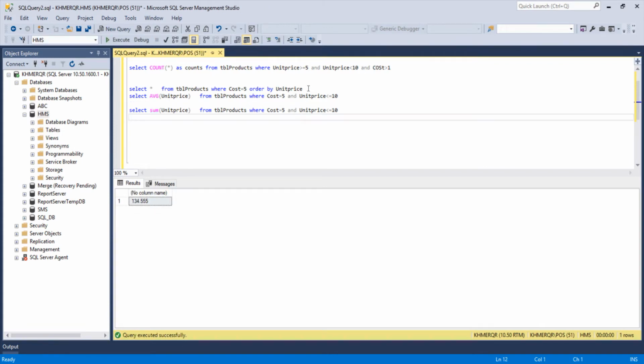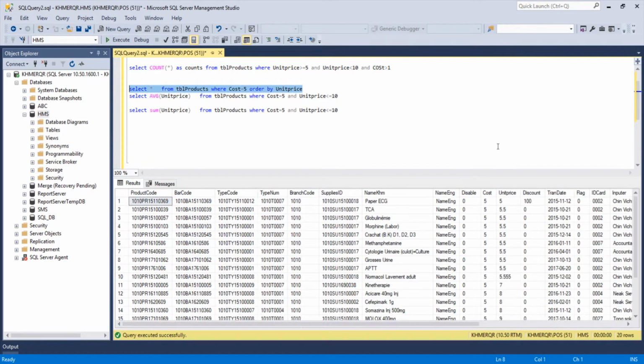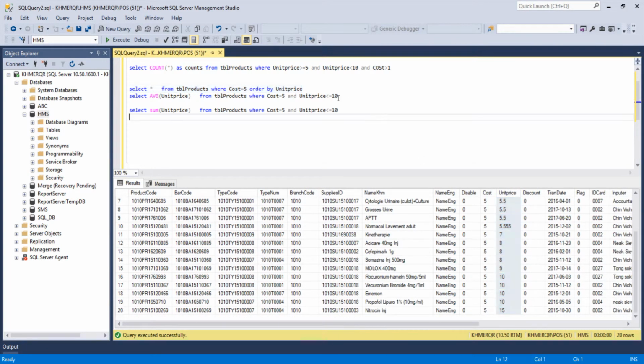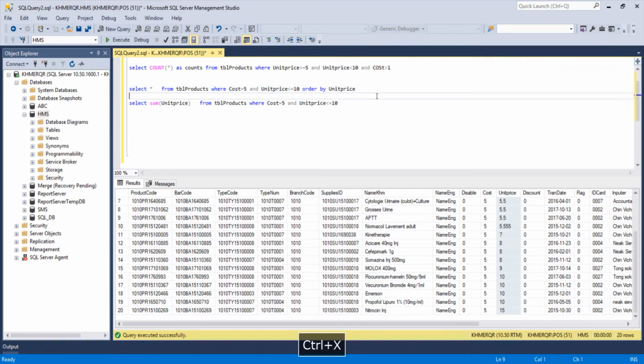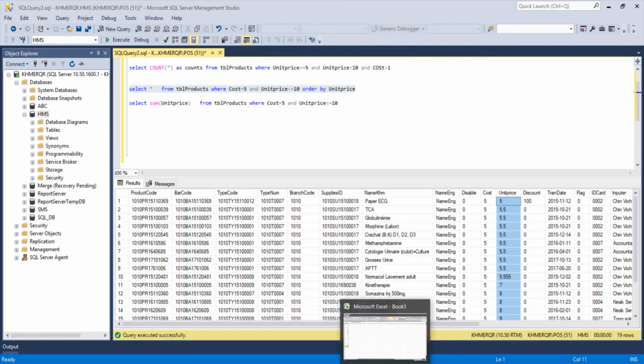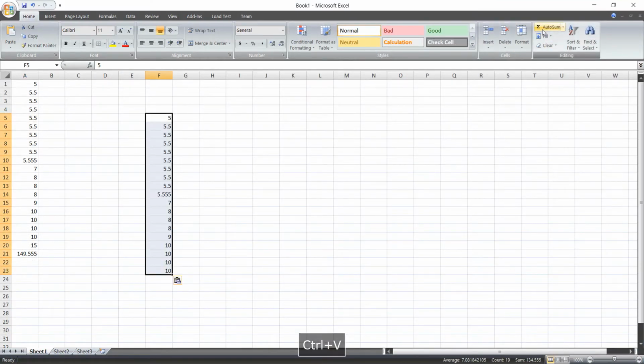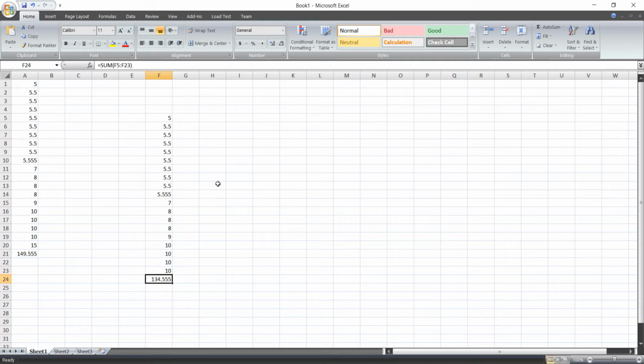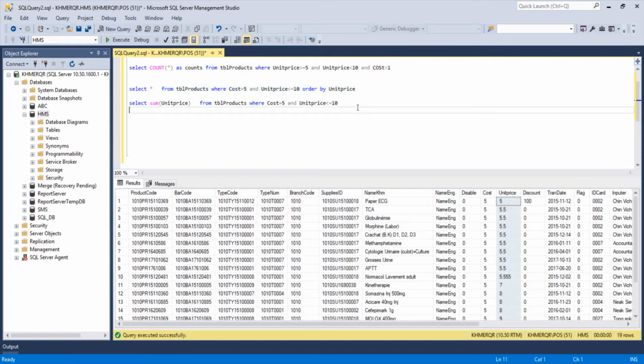So let's sum this one. Copy from this one. The first one, we put all. The first one we know has a condition like this.